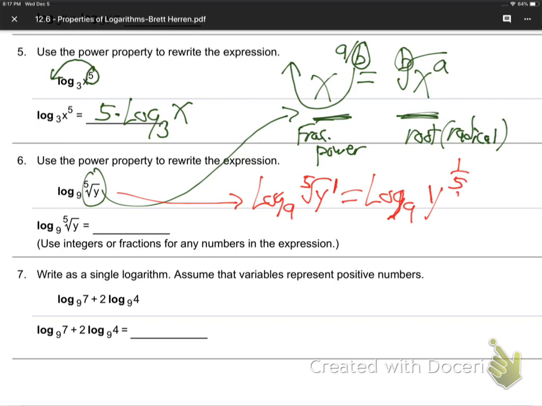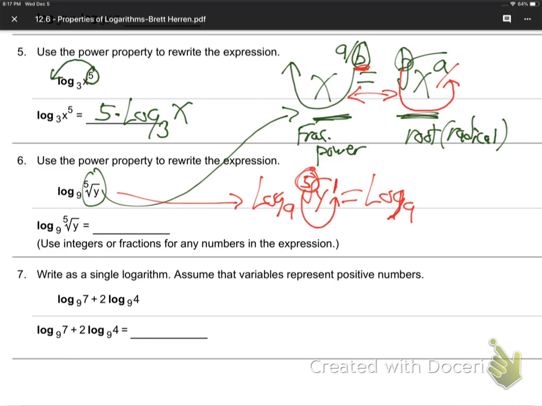Because that 5 could swing around and go in the hook like it is. You can go either way. You can go from the hook back to the denominator, or from the denominator back to the hook. These two are two ways of saying the same thing. So I took it here from hook back to denominator, like this.